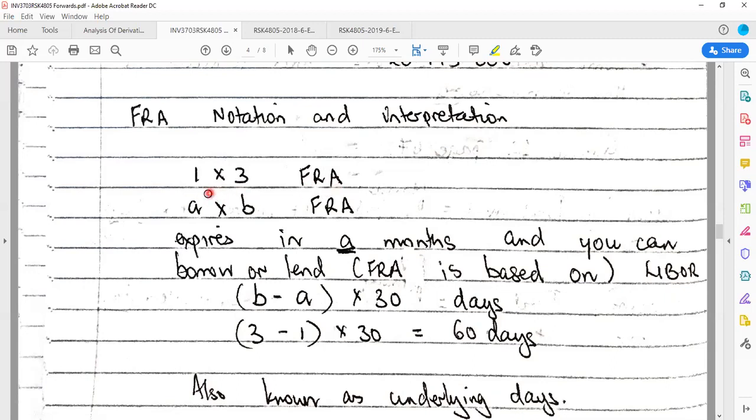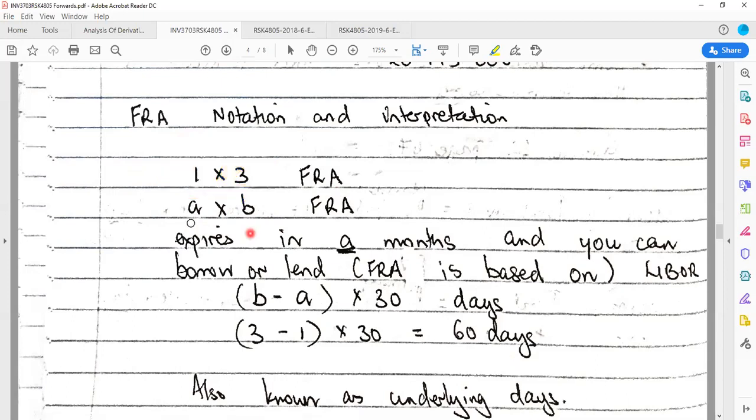When they say that, they mean the contract expires in 1 month, and once the contract has expired, you want to borrow or invest money for 3 minus 1 month, meaning for 2 months. Then we can change that to days by saying 2 times 30, giving us 60 days.